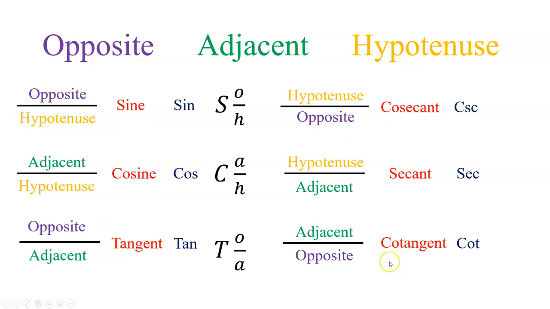Its opposite has a co. A co for cosine, I need a word with no co associated with it. Secant is the only word left over.